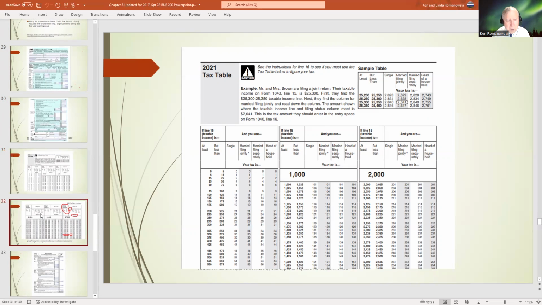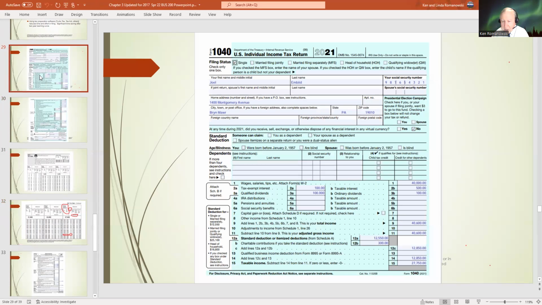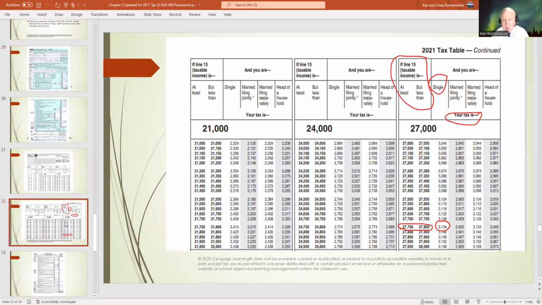So what you do is you go through the page and get to the point where your income of $27,750 is. You go to where that is. So here's the page for 27,000.